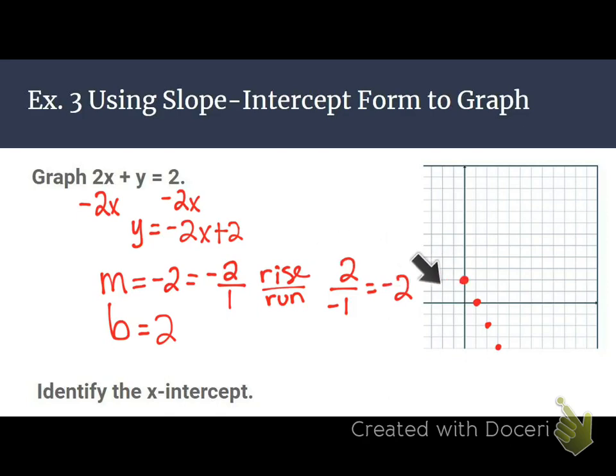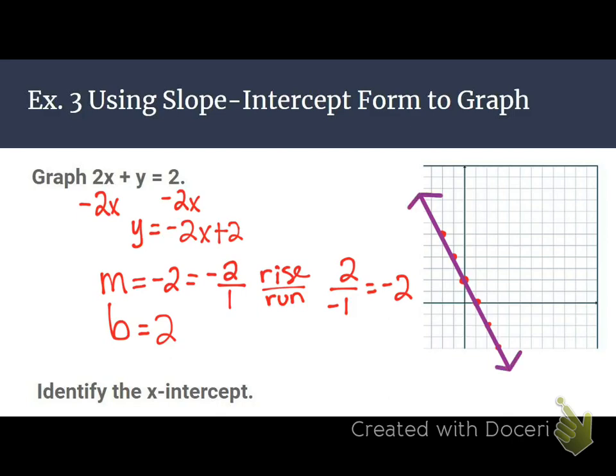If that rise was positive, I'd go which way? Up and to the left, and I'm still going to be on that same line. Okay, so if you have a negative, it could go with your rise or it could go with your run, and it's still going to be the same slope. It'll still give you points on that same line.